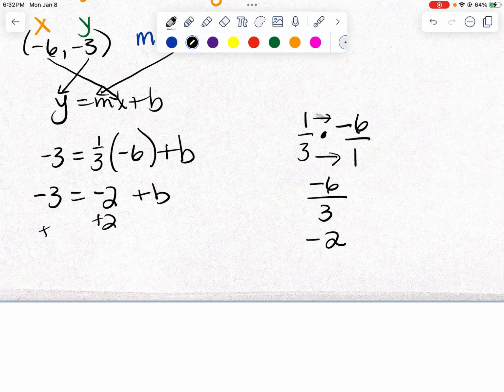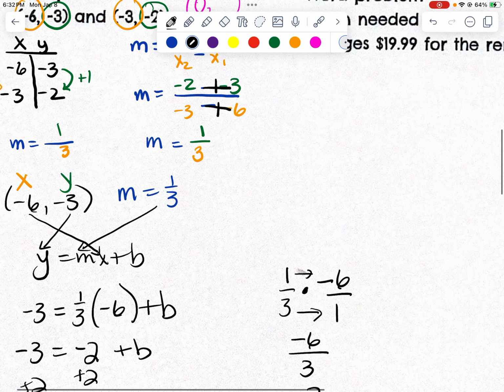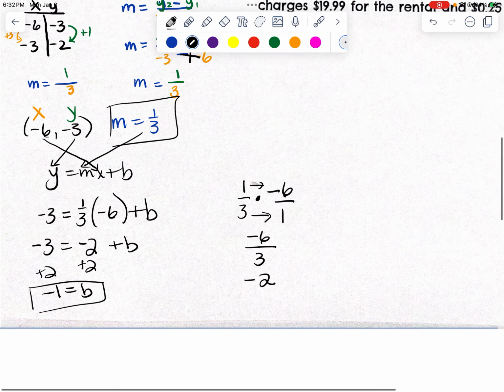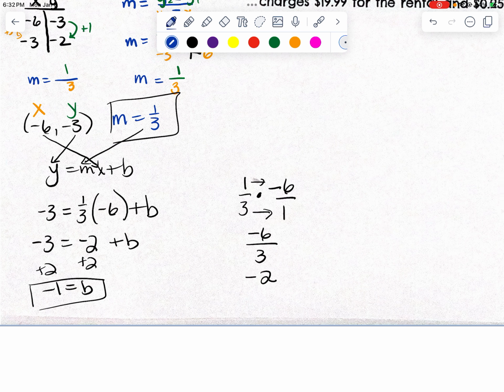I add 2 to both sides, and I get -1 is equal to b. So now I have the b value. I have the m value. So now I just need to plug it into my equation. Y equals 1/3 x minus 1.